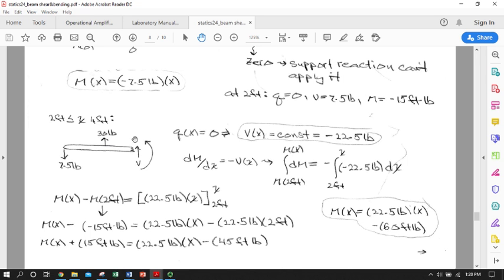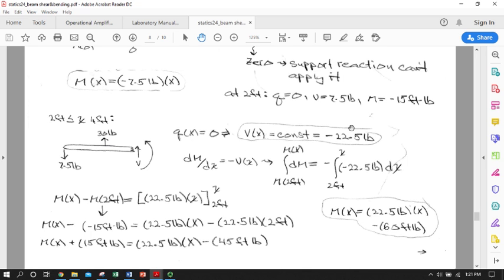V sub x is the only thing left in the y direction, so 30 pounds upward minus 7.5 pounds downward means I have a net applied 22.5 pounds upward, so V's got to be pulling downward. So as I cross that 30-pound load point, the shear force being applied by the beam that I cut off on the right-hand side switched from being 7.5 pounds positive to being 22.5 pounds in the negative direction. So it took a step function down.